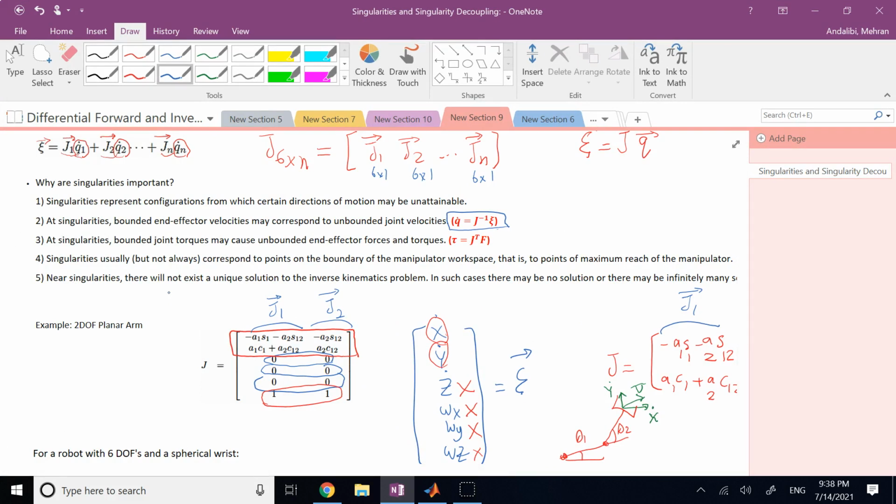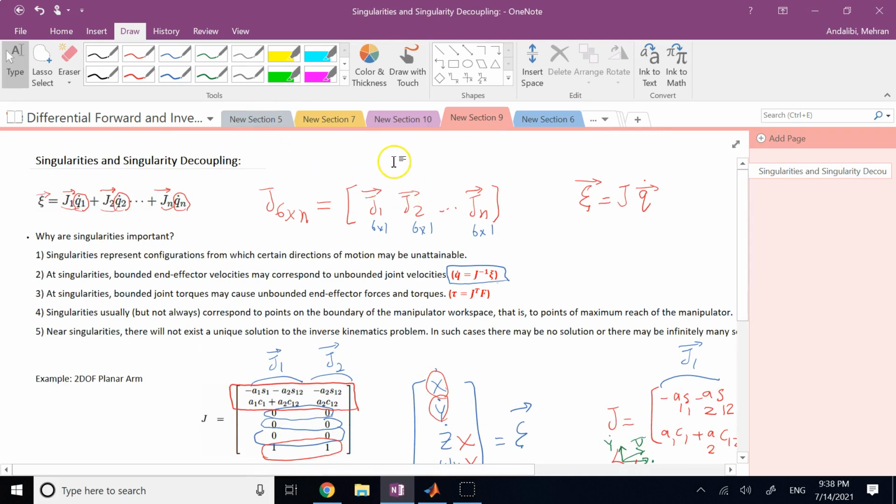But for now, again, if I want to write down something, I would say at singularities, the Jacobian matrix is not full rank, which means it does not have n linearly independent columns.